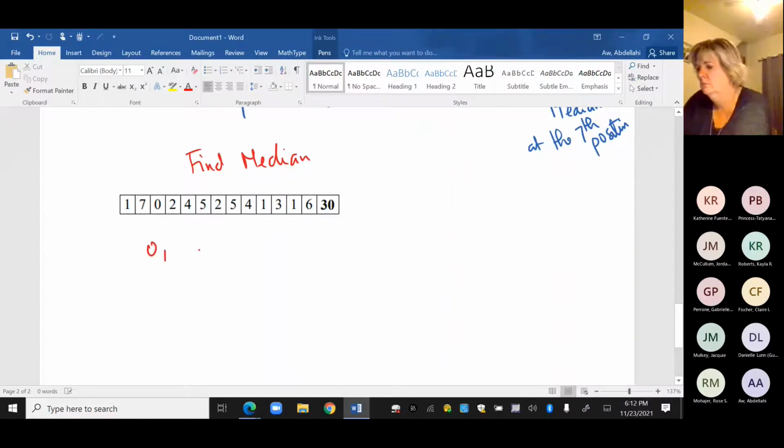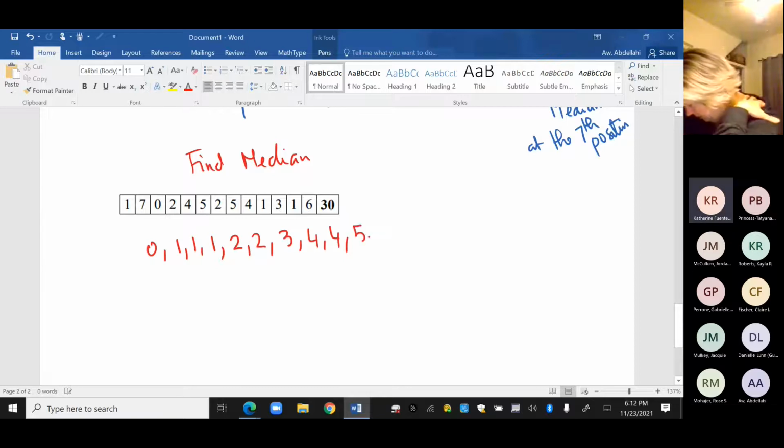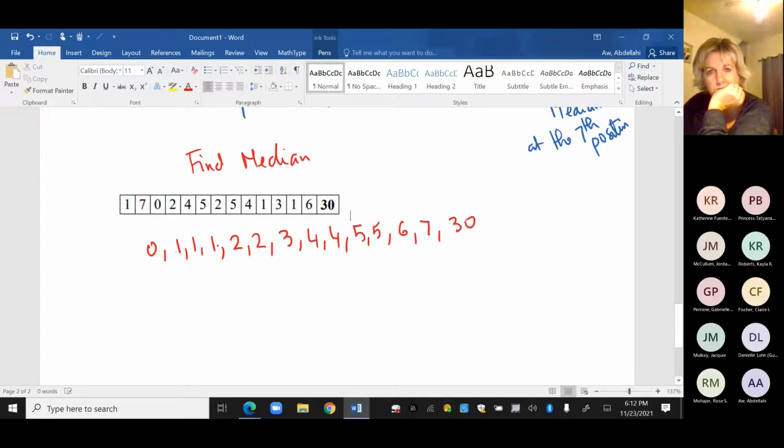We have 0, we have 1 three times, 2 two times, and then we have 3 one time, we have 4 two times, we have 5 two times, we have 6 one time, we have 7, and then we have 30. 1 2 3 4 5 6 7 8 9 10 11 12 13 14. Okay, I have the right size. Now what do you do?